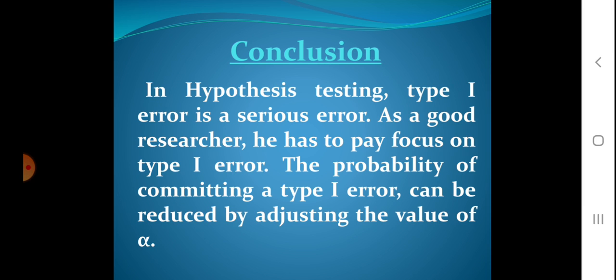As a good researcher, he has to focus on type 1 error, that is falsely rejecting the null hypothesis. The probability of committing a type 1 error can be reduced by adjusting the value of alpha, that is the level of significance.